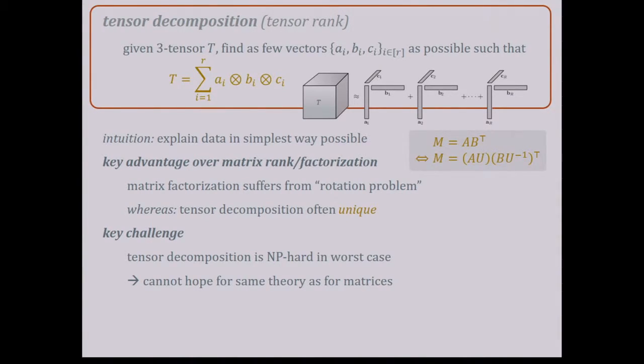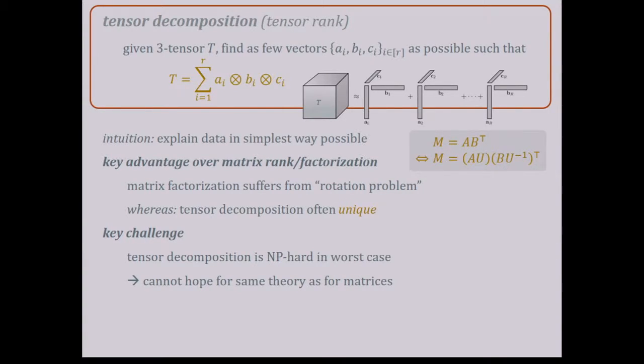This advantage comes with a challenge, and the challenge is that tensor decompositions are NP-hard to compute in the worst case. That means we can't hope to have the same kind of very simple theory that we had for computing matrix factorizations or other matrix problems.